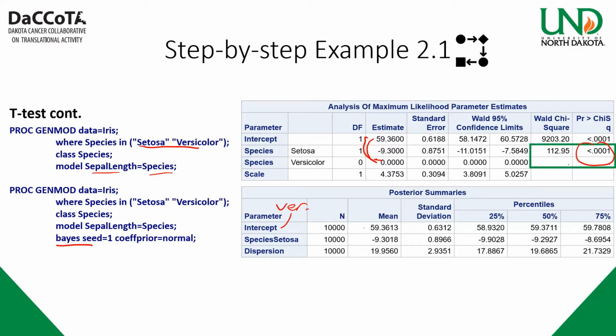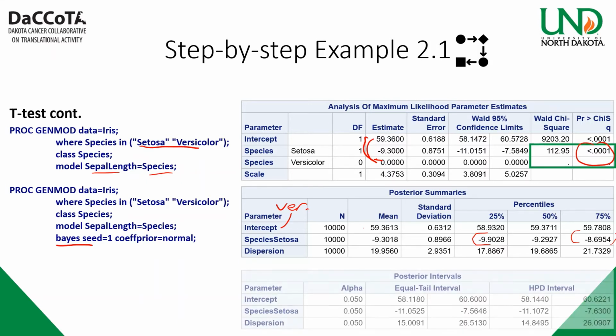And one of the things we have here is our percentiles. You can see here that Setosa's mean is going to be between 9.9 and 8.5 less, so that is significantly different from 0, which would mean the same mean as Versicolor. So we get posterior summaries, that's one thing we get.